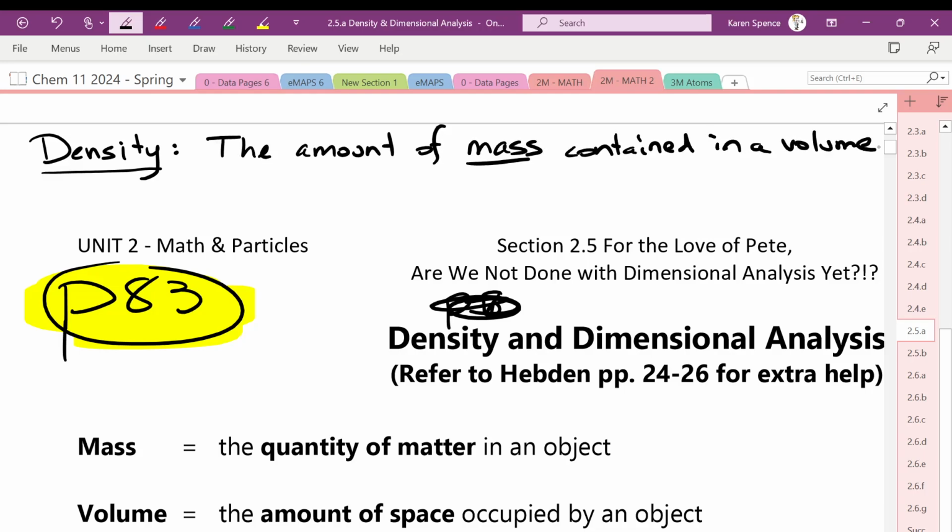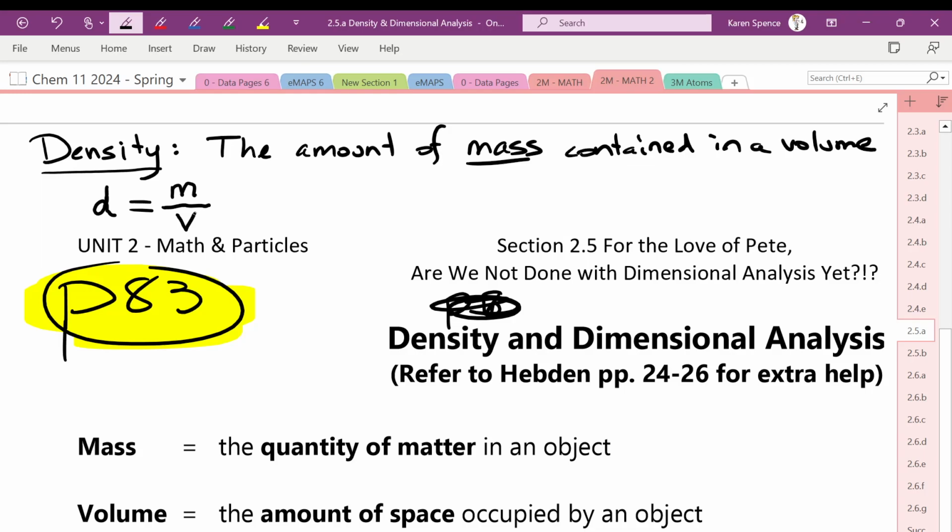And if we were to take that sentence and make it into an equation instead, if we replace the density with D, density equals the amount of mass in a volume. D equals M over V. Yes, D equals M over V.